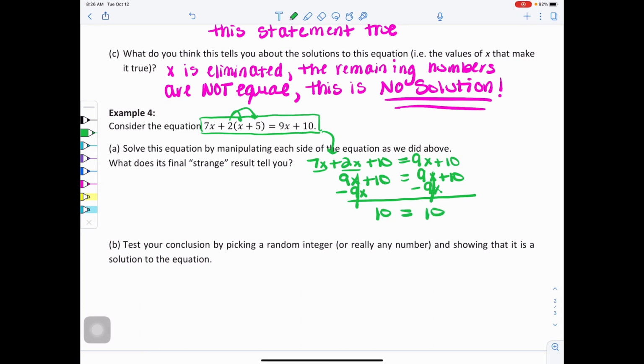So what does this final strange result tell you? Do you see that the variables are totally eliminated, but this time you have two numbers that are actually equal to each other. So no matter what value of x I pick, they're going to be eliminated anyways, and that statement 10 equals 10 is always going to be true. So this tells me that all values of x make this true.